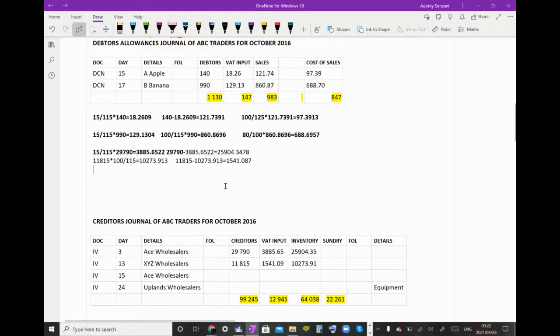Next one, on the 15th, trading inventory bought. Here we have 35,600, with a 10% trade discount. So what are we supposed to do, guys?